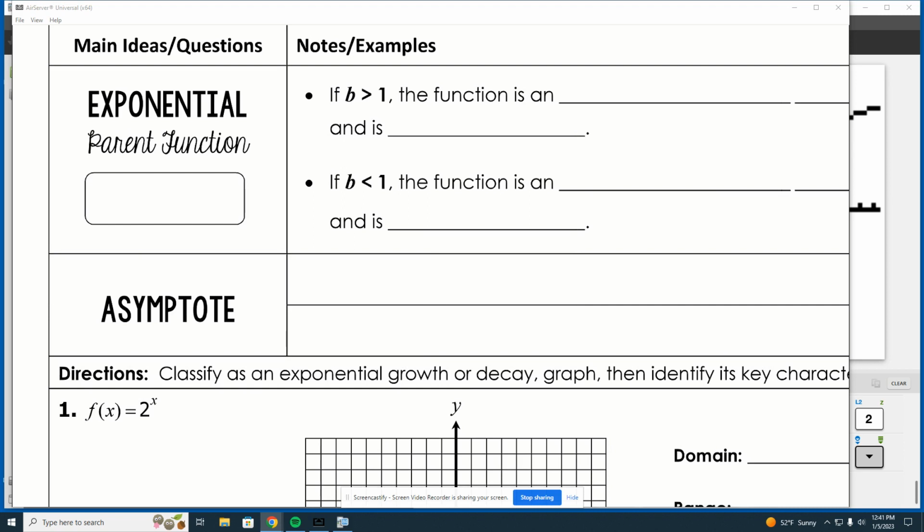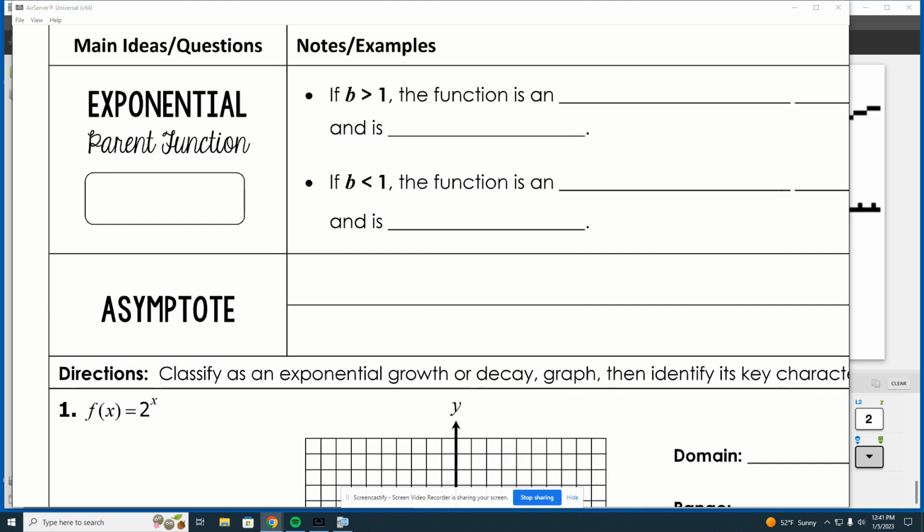What makes something an exponential function is that your variable is where? Yeah. When your variable is in the exponent spot, that's what makes it exponential.